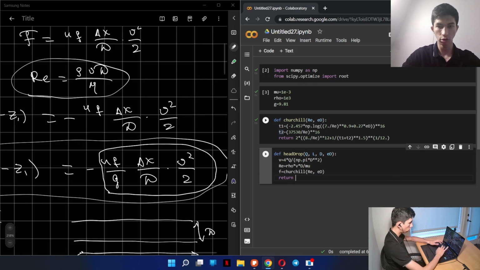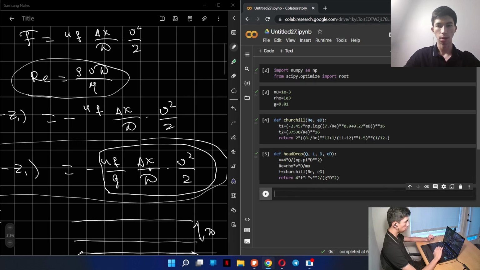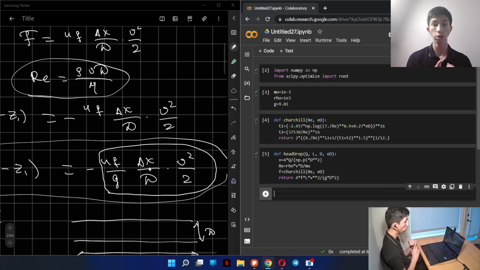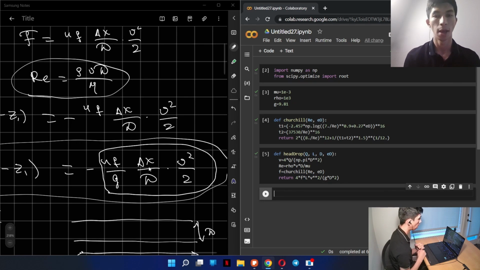So it's going to return this equation: 4 times f times L times the velocity squared over d times 2. Oops, 2 times g, right? Okay, let's try to run it. Now we have our function to calculate the head drop given the flow rate.